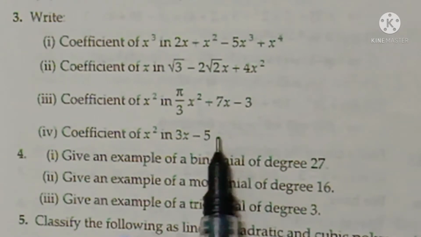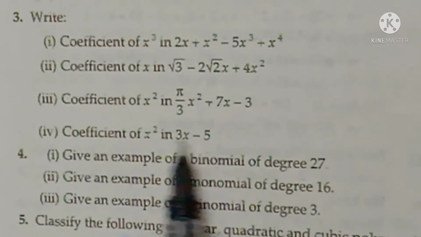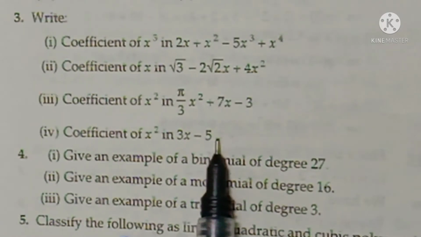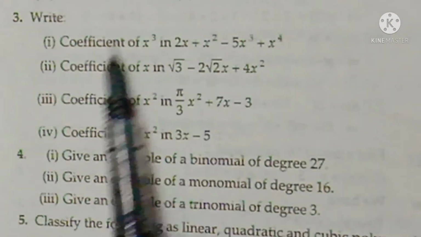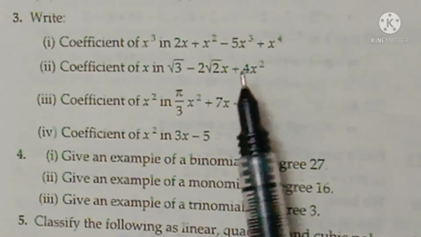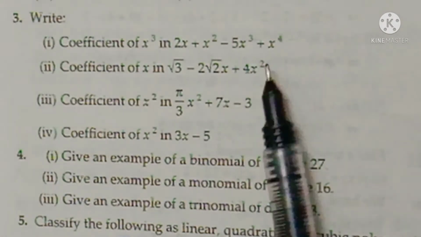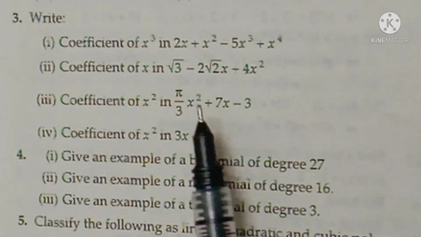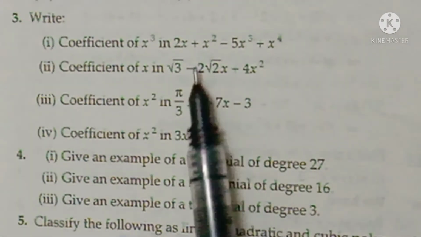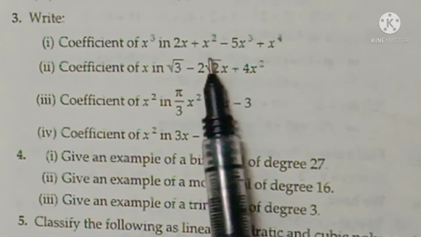So the total product will be 0. It means the coefficient of x square will be 0. So I am not doing it in the notebook. I think you all have understood how to write the coefficient. Only see the remaining factor of that for which we have to find the coefficient.